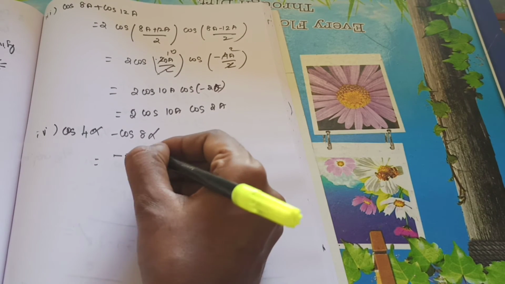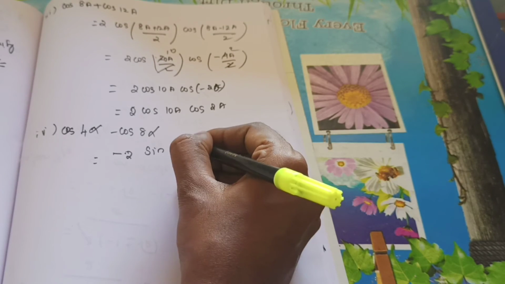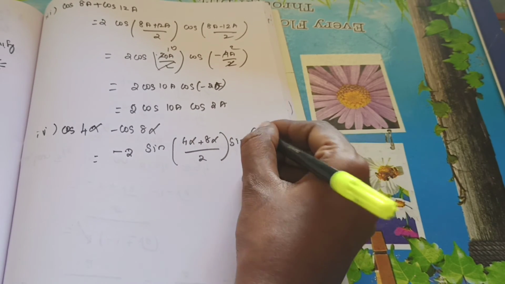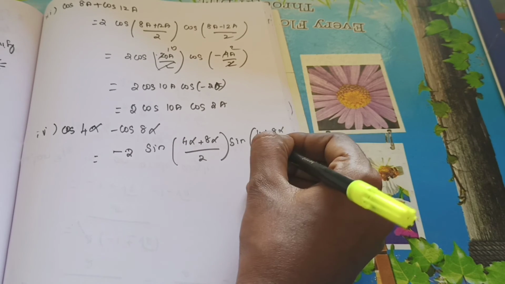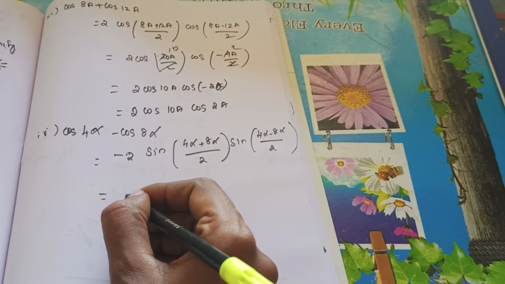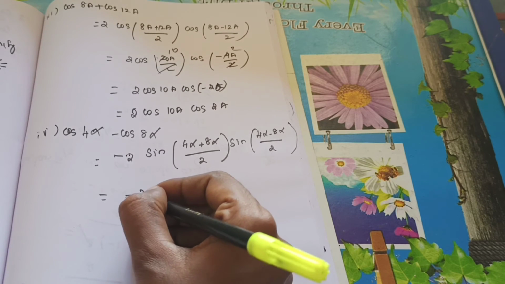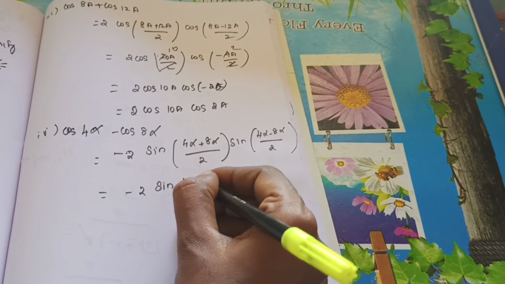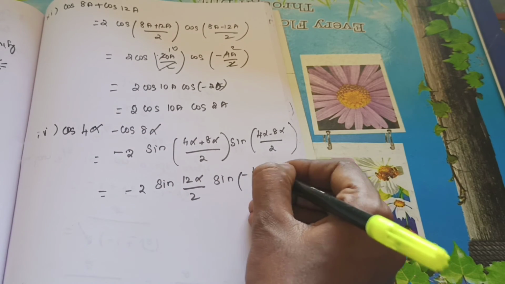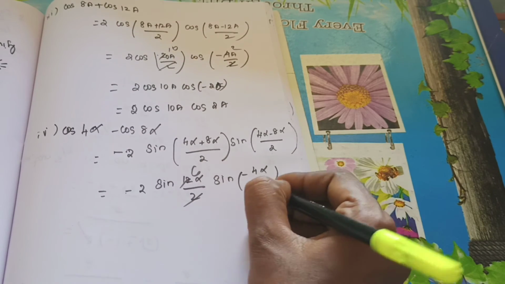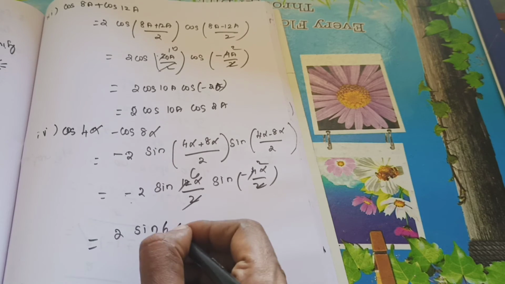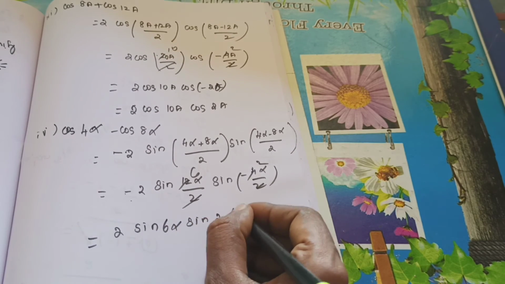So write minus 2 sin of 4 alpha plus 8 alpha by 2, sin of 4 alpha minus 8 alpha by 2. That's equal to minus 2 sin 12 alpha by 2, sin minus 4 alpha by 2. So this one cancels, this one 2. Minus into minus is plus. So 2 sin 6 alpha sin 2 alpha.